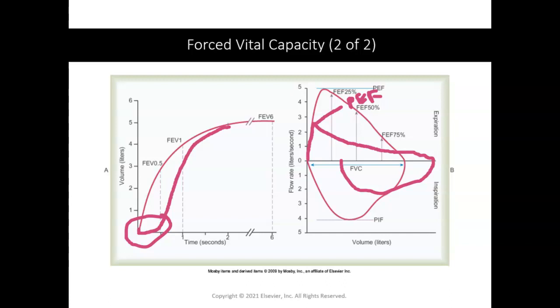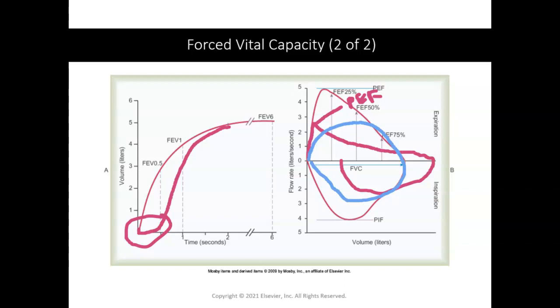Whereas if you have a patient who has just a poor effort, their flow volume loop is going to look kind of like this, where it's just a blob. There's not much of an effort. There's no discernible peak flow rate here at the beginning. So I'm going to call this bad effort. This can also happen if there's a fixed obstruction in the airway.